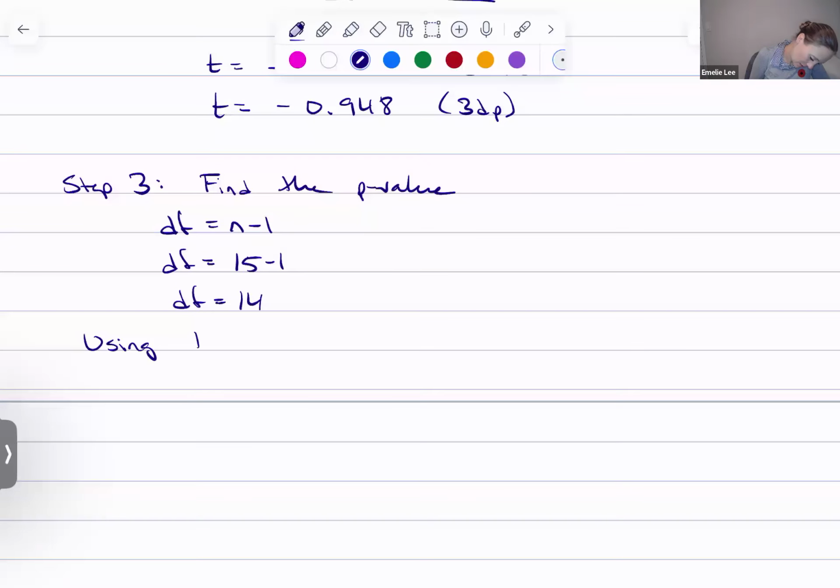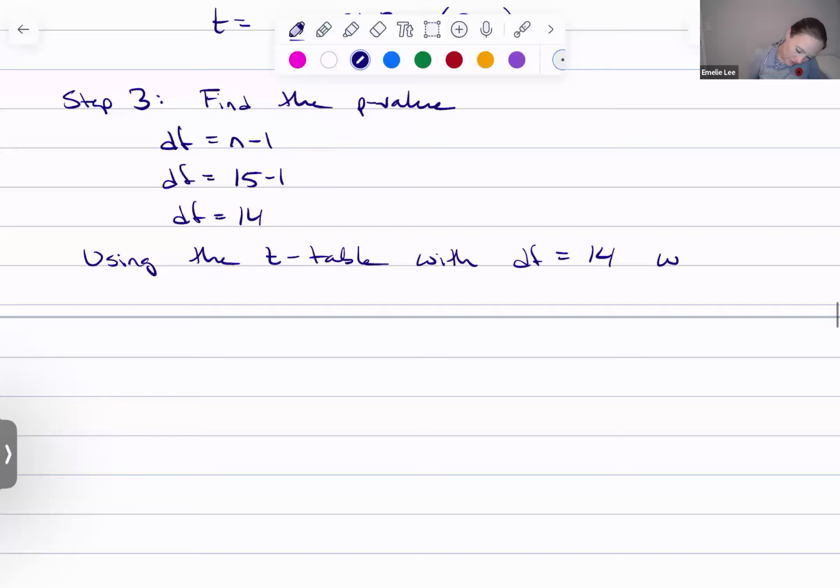And so using the t-table, with degrees of freedom equal to 14. And 14 degrees of freedom is in the table, so we're going to use that.